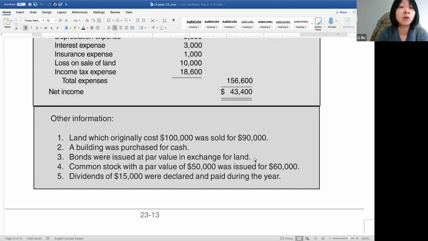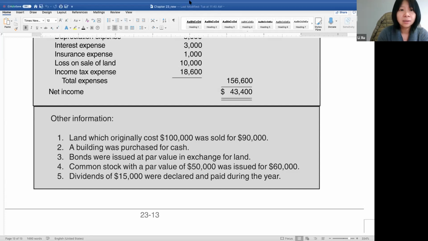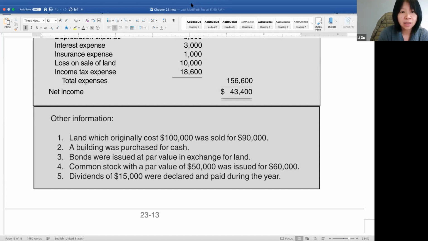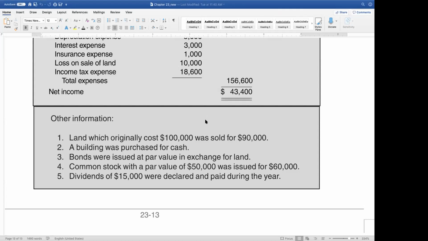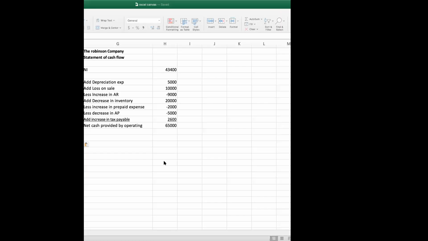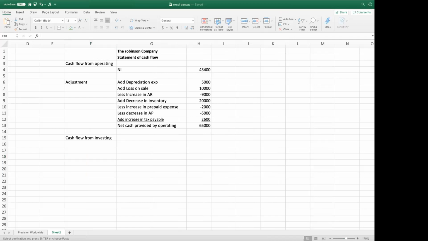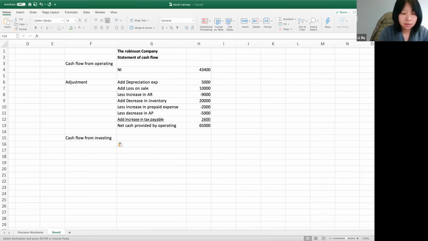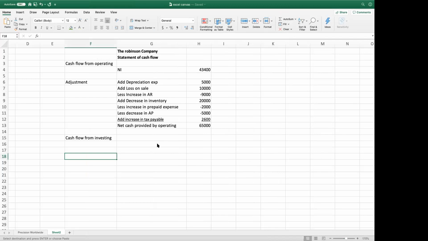So there's really no cash here, so we don't need to consider transaction number 3 here. Okay? All right, so let's switch back to Excel. So sale of the land, only $90,000 for the cash.